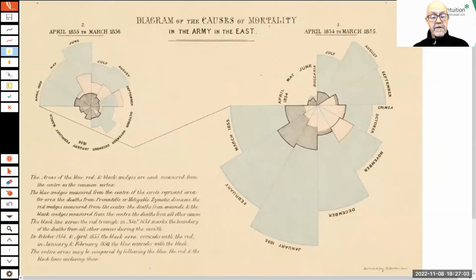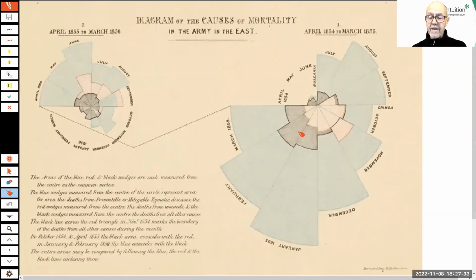Each of these graphs, each segment, each slice of the pie represents a month at a certain point during the Crimean War. And the one on the right is earlier, then the war finished, which is why the one on the left is smaller. But within each segment, we've got an area in the middle, shows you how many people actually got killed by being shot, blown up, or whatever. And then sometimes it's fairly big, other times it's quite minuscule.